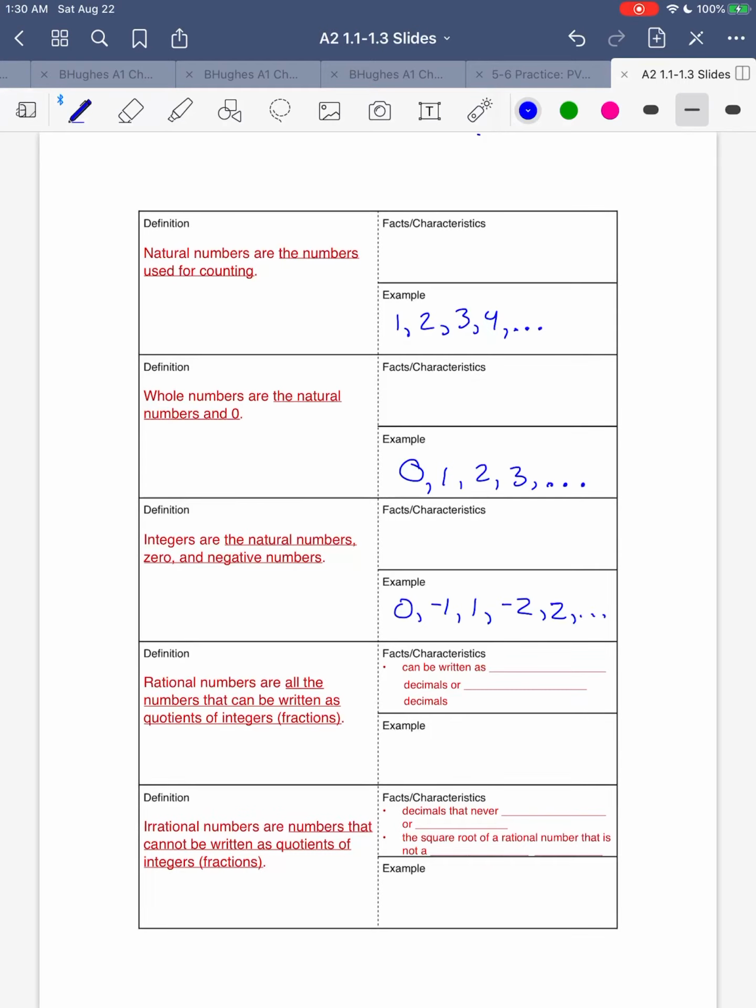And then the larger set of numbers are rational and irrational. Rational simply means any numbers that can be written as quotients of integers, meaning the ability to write them as fractions. Okay, so this introduces fractions, and it includes fractions that can be written as terminating decimals or repeating decimals.